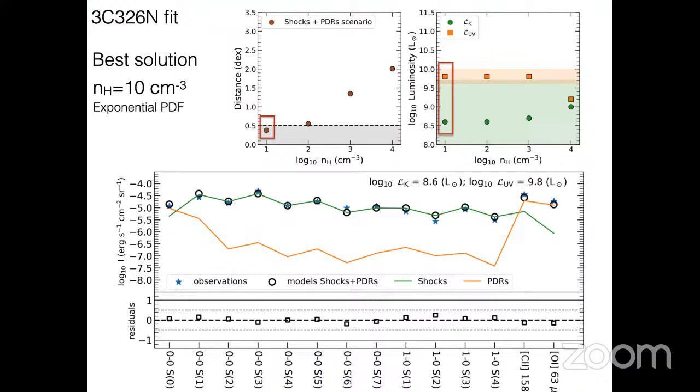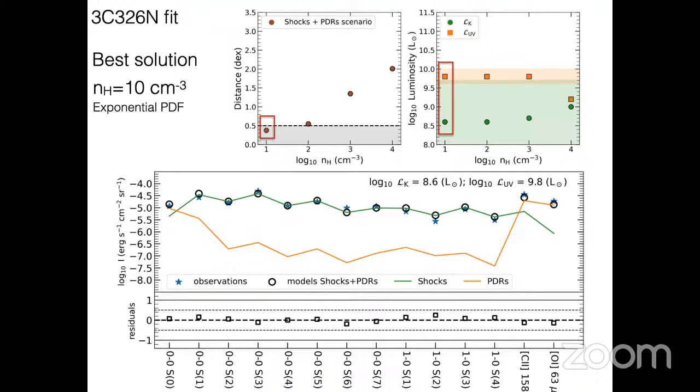And this is not a fit. This is an output of this fit. And what we see is that the UV luminosity we need to account for the lines is exactly the infrared luminosity of the galaxy. So the UV reprocessed power is actually coming out in the infrared. So this is a nice self-consistency check.